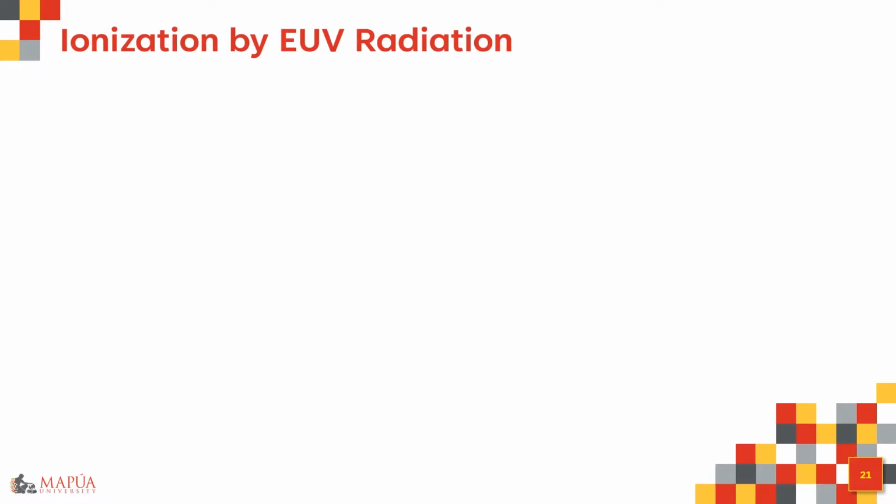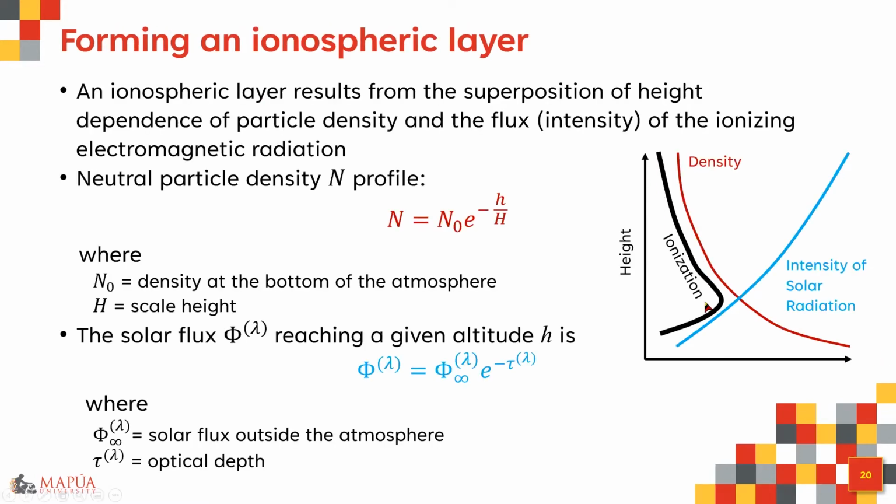So from this slide, what I'm going to describe is how this ionization layer is actually formed for monochromatic energy. That means single wavelength or single frequency energy, and a single constituent. Okay. So this is just a simplification of the process.